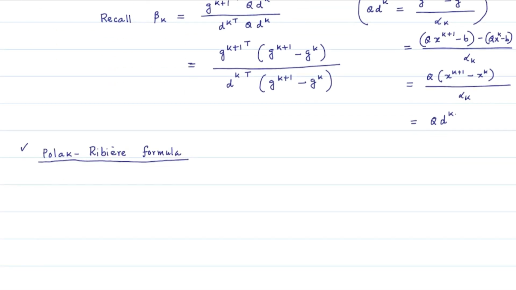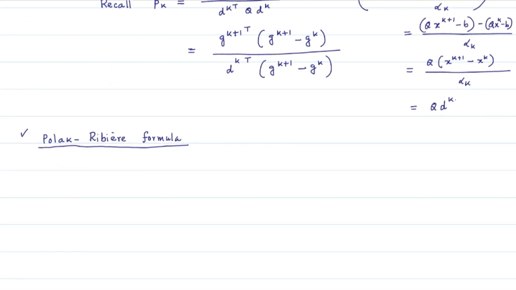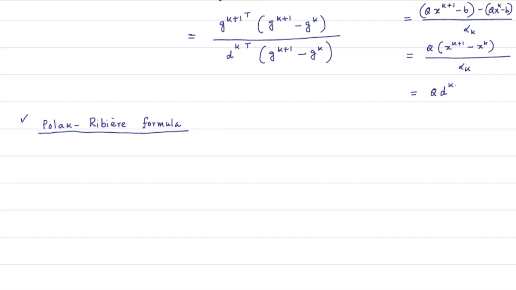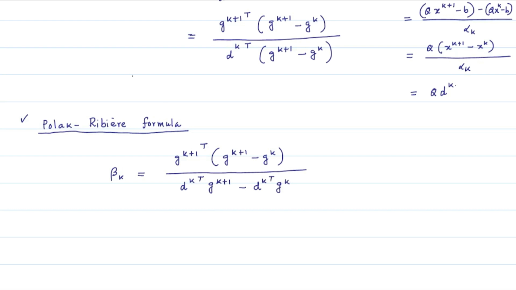To identify the Polak-Ribiere formula, we start with this expression of beta_k of the Hestenes-Stiefel formula, and we notice that the denominator can be expanded as d_k transpose g_{k+1} minus d_k transpose g_k. Now we look at this expression: d_k transpose g_{k+1} is equal to 0. We have proved this for a quadratic function.